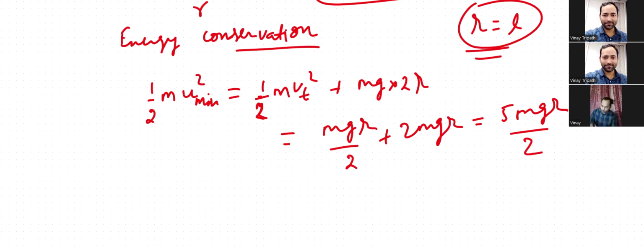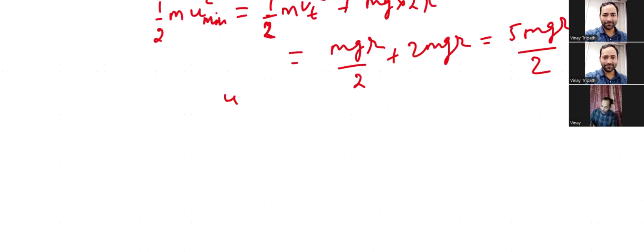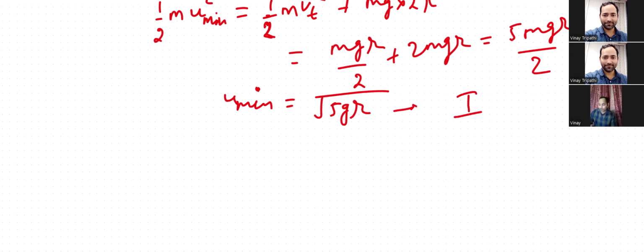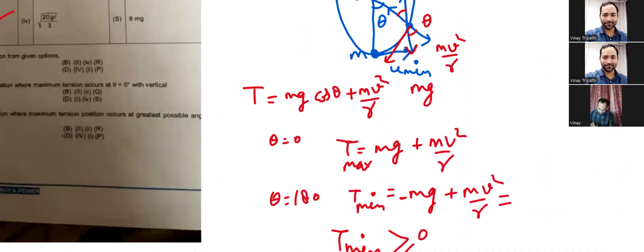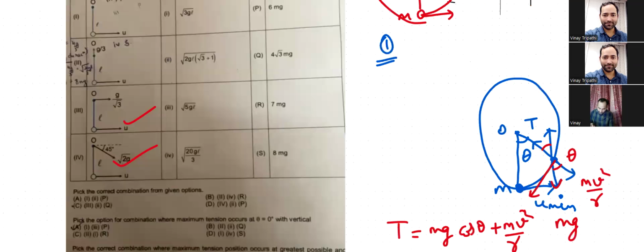Now you will get u minimum is equal to root of 5gr. So the first part is matching with this one, root 5gl. Okay, I haven't estimated the T max.